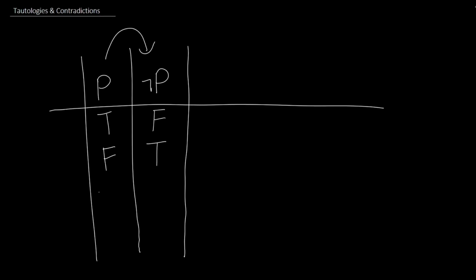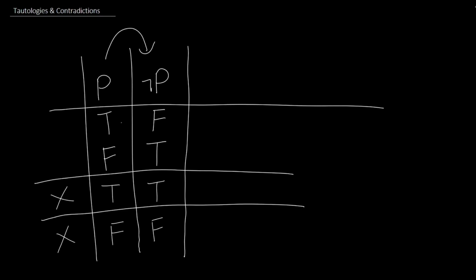So I'm going to remind you, why can't we add T, T and why can't we add F, F? Why is this universe not a possibility and this universe also not a possibility? Well, it's because how can it be that in one universe P is true and not P is true at the same time? Because this statement says that P is true, but not P is also true.